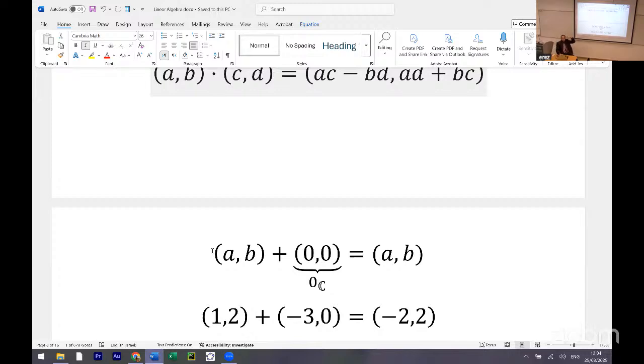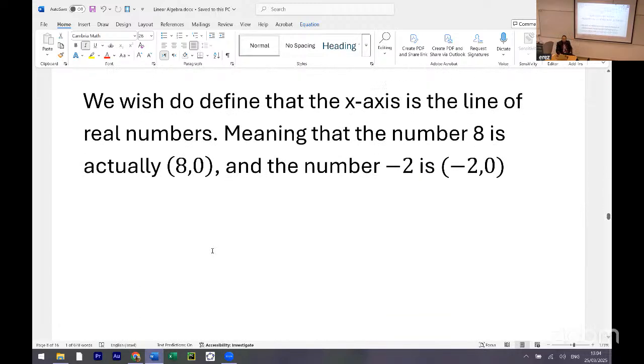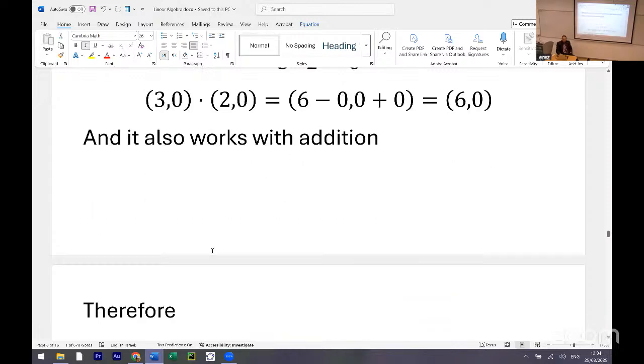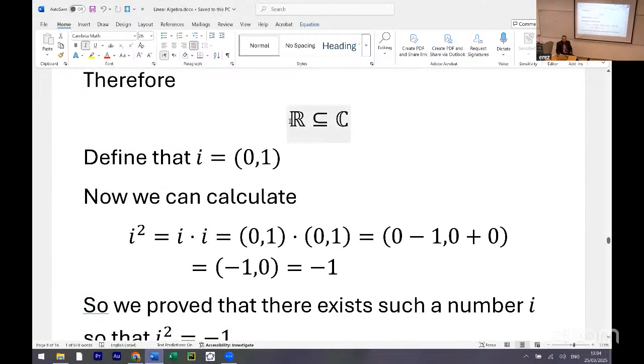So we assume that the real numbers are a part of the complex numbers. And we've seen a certain special number i, the point (0,1), for which i squared equals -1. That's where all the hype is with the complex numbers.